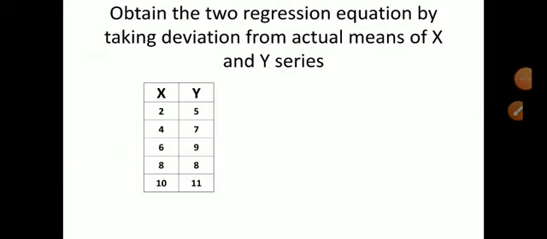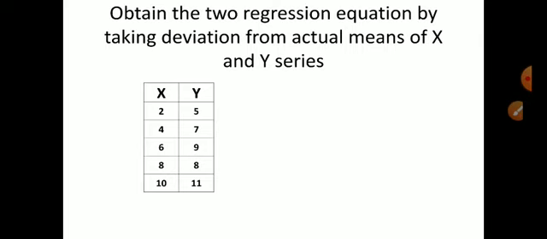See here, obtain the regression equations by taking the deviations from the actual mean of x and y series. Okay, they're asking us to calculate the regression equations using the arithmetic mean, the actual means of the x and y series.